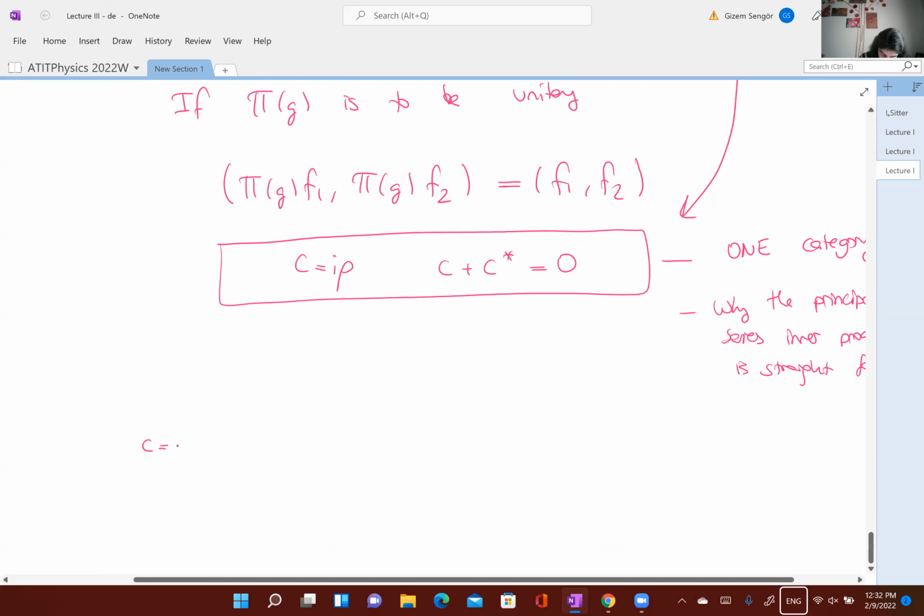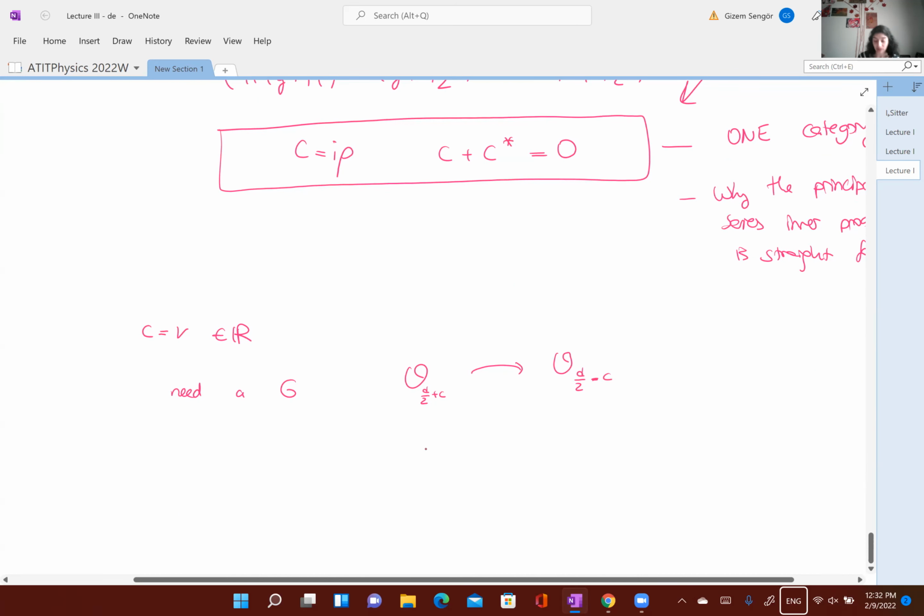So let's say C is new, which is just real. You need a G such that it takes an operator with scaling dimension plus C and sends it to an operator with scaling dimension D over 2 minus D. But it doesn't change the spin.